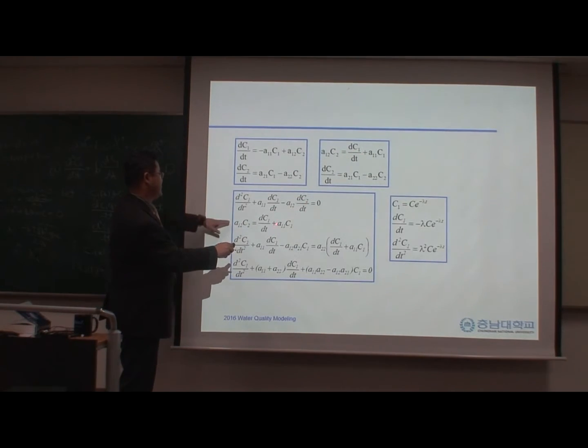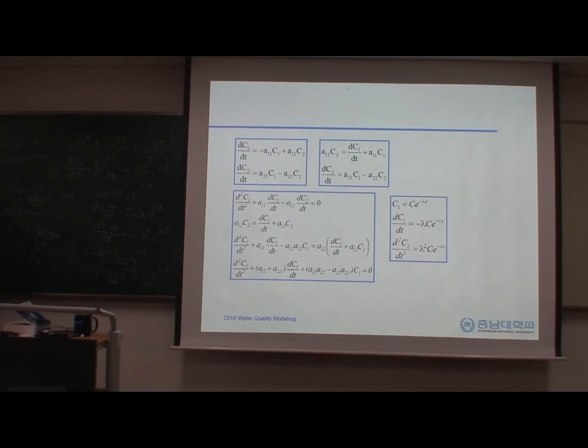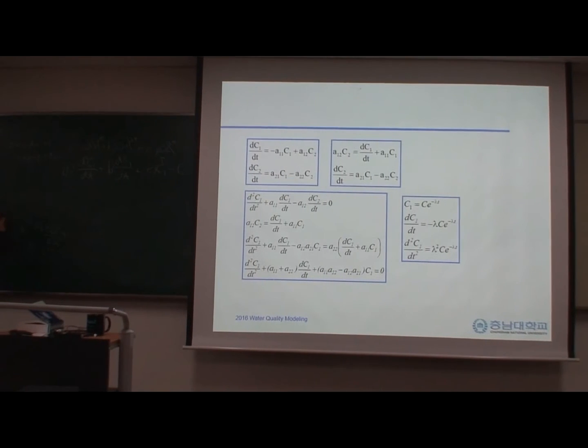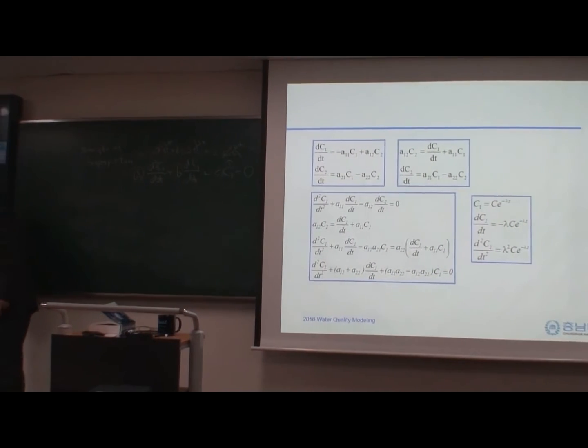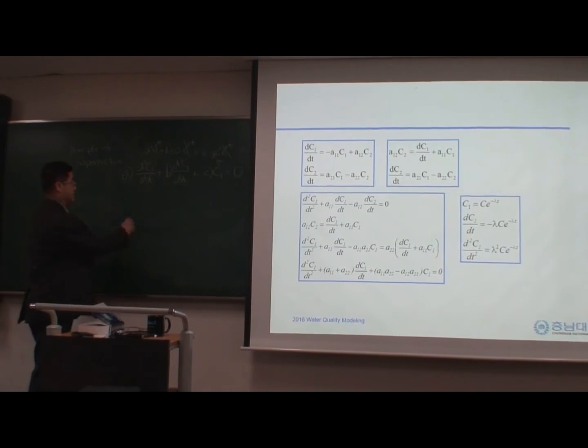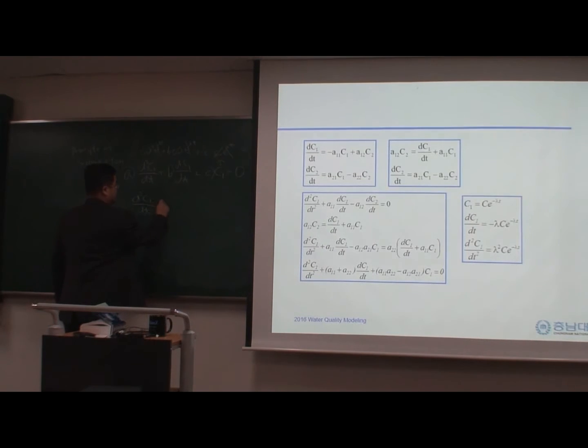Alright. Then if we divide this one one more time, let me write it down. Just following everything with your eyes only can be confusing in this case. Okay? dC1/dt plus A11 dC1/dt minus A12 dC2/dt, right?